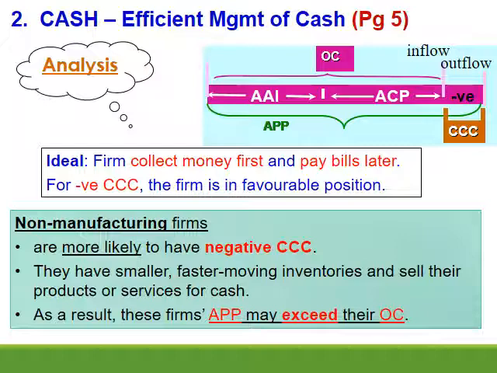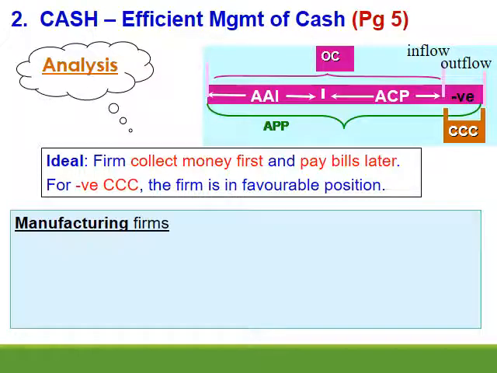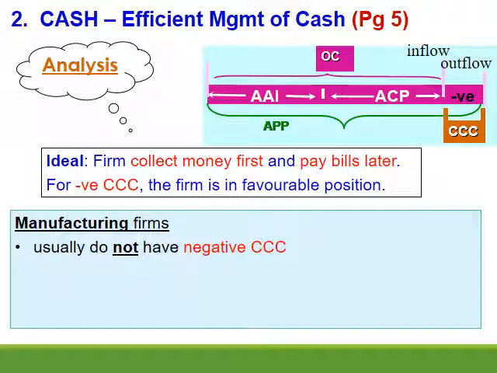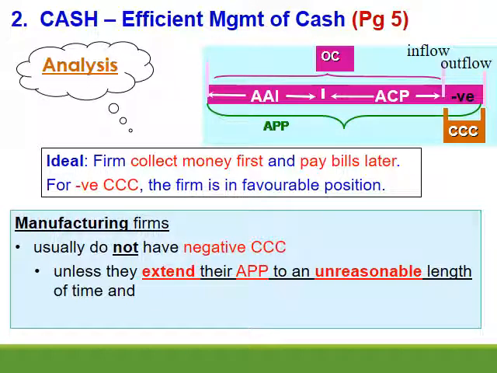Next, we are moving on to manufacturing firm. Manufacturing firms usually do not have negative CCC unless they extend their APP to an unreasonable length of time, so much that it looks ridiculous, and shorten their ACP.